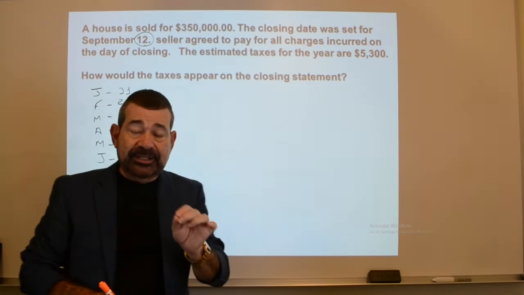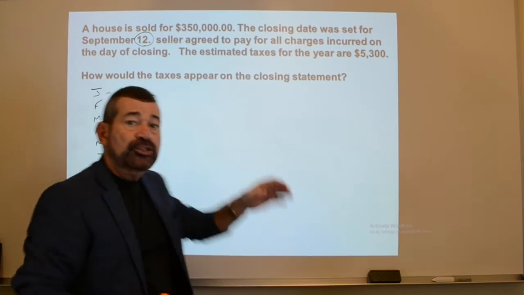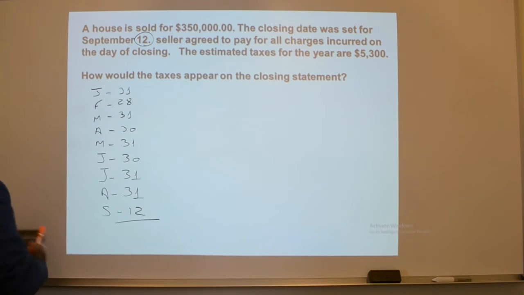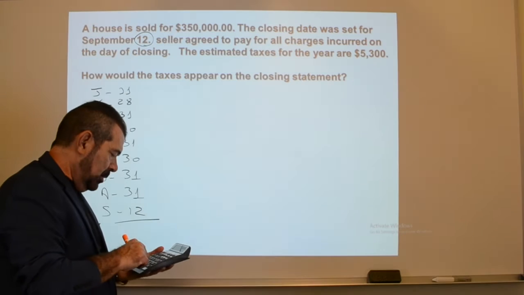So, now what you have to do is add all those numbers. And when you face a question like this, I recommend you to do exactly like that so you don't miss a day. Okay, so now we're going to put all those numbers here and calculate.